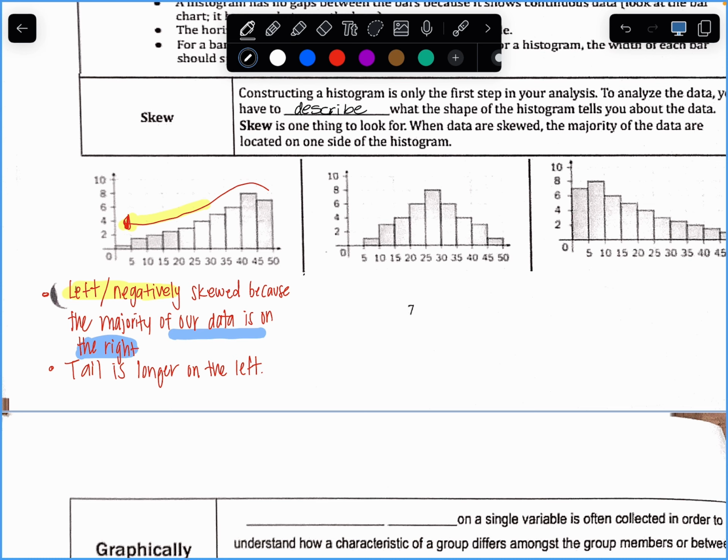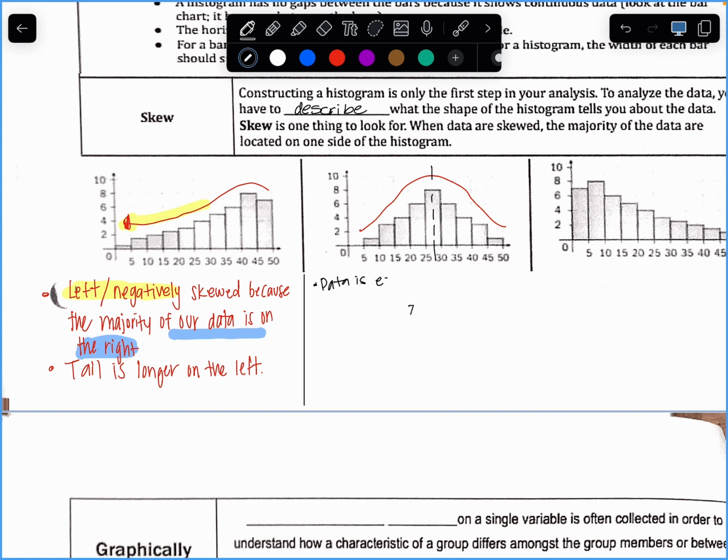Okay, for the middle one, it's clumped up in the middle, all bunched up. If I were to draw a line down the middle, what can you say about the two halves? It's split in half. It's symmetric. There you go. So it's symmetric, equal parts.